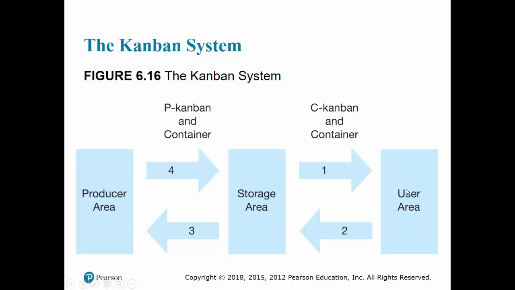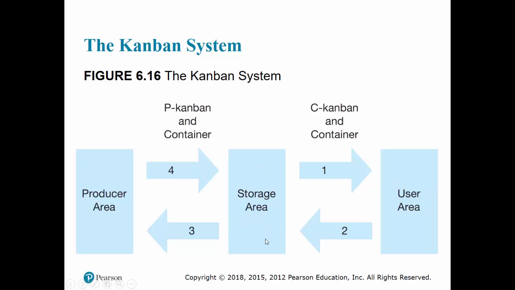Once the container is empty, it is returned here, brought back. Now there is a filled container with a P Kanban attached. What you do is remove the P Kanban, attach it to the empty can that you brought in here, attach the C Kanban, and take it back.